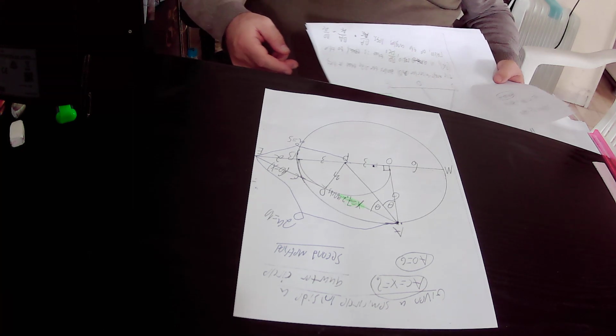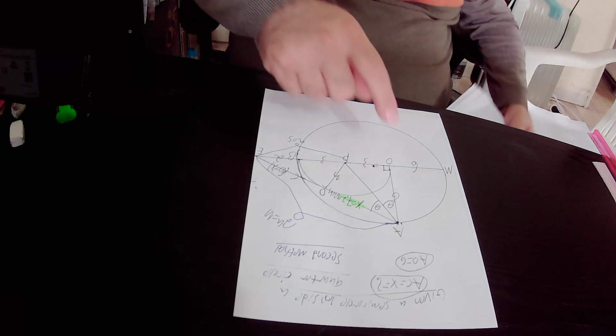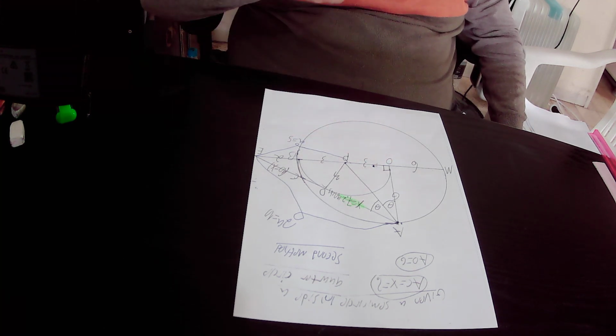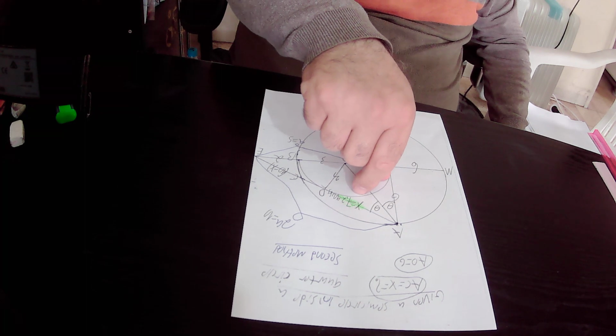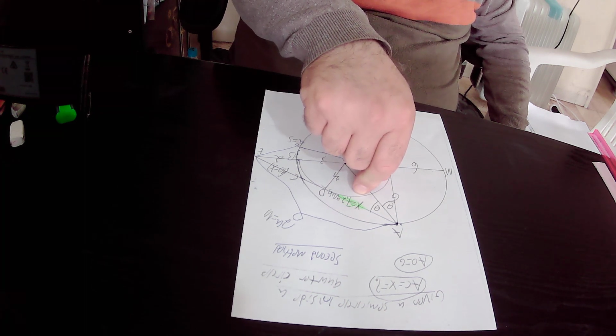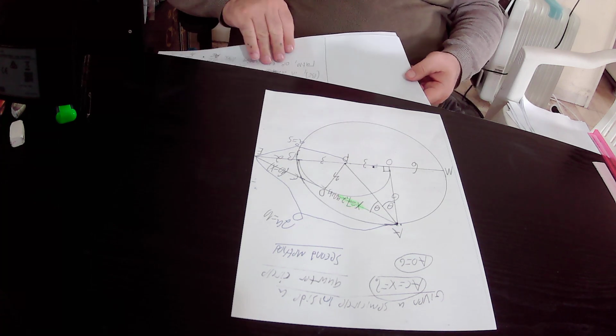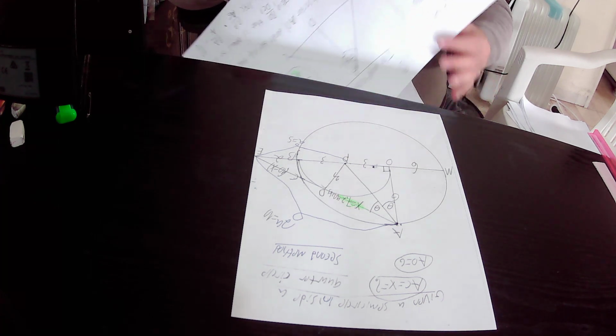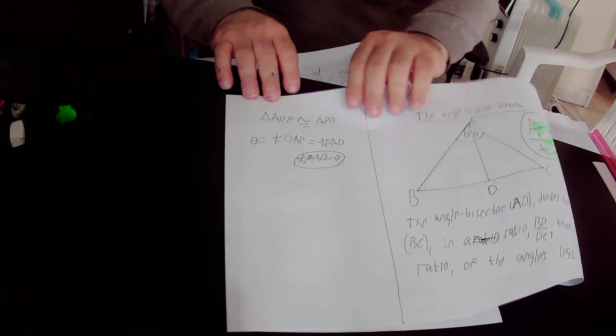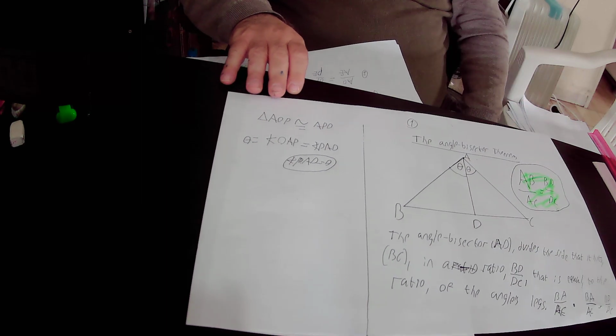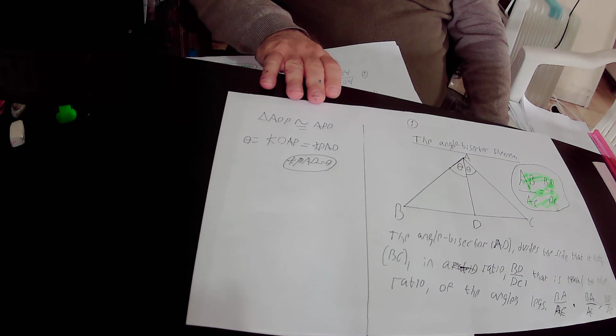And here we join points A and P together by a straight line. And we have found out that those two right triangles are congruent according to the side rule. Triangle AOP is congruent to triangle APD according to the side rule.